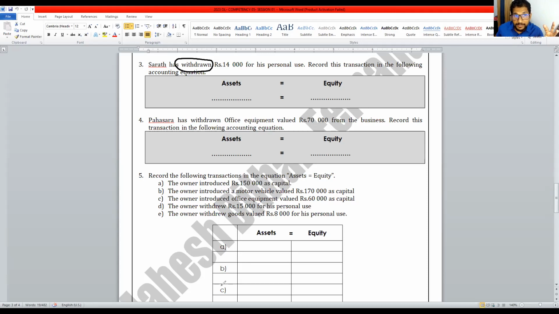Now this time, Sarath is taking out 14,000 for his personal use from the business. So how does the business record this transaction? Anyone? Anybody in the class?